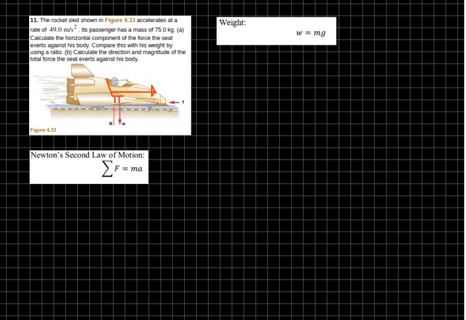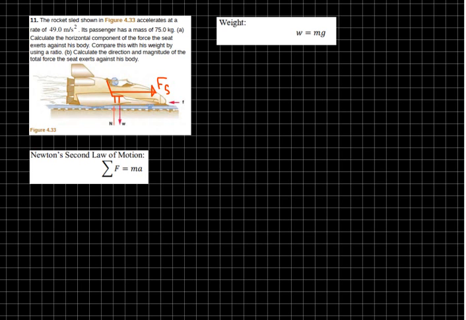When the rocket sled starts to accelerate, the whole body of that passenger is pushing against the back of that seat, so the seat must exert some force so it won't fall down. So what we're going to calculate is that force, the force of the seat. We're going to call it Fs, force of the seat.